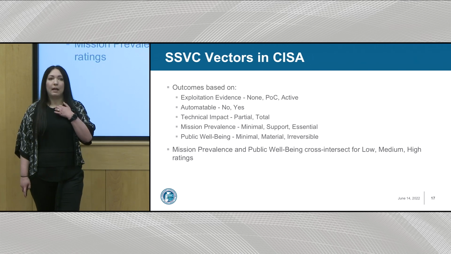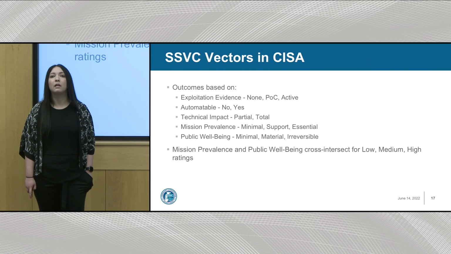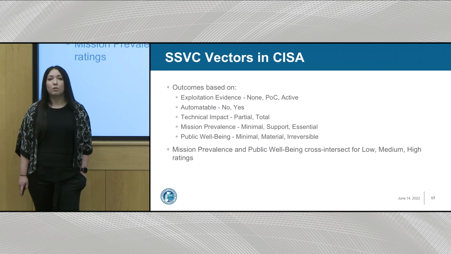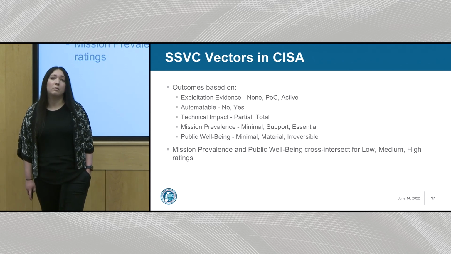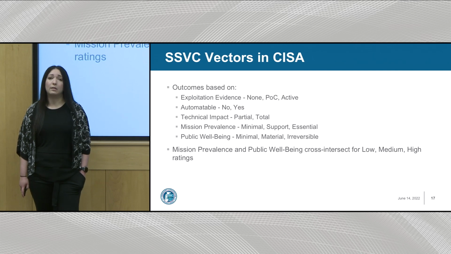Lastly, public well-being. This takes a look at the financial, social, economic, and psychological impacts exploitation of a vulnerability would have on your environment. Are the impacts irreversible, such as vulnerabilities in vehicles where an attacker could cause an accident?